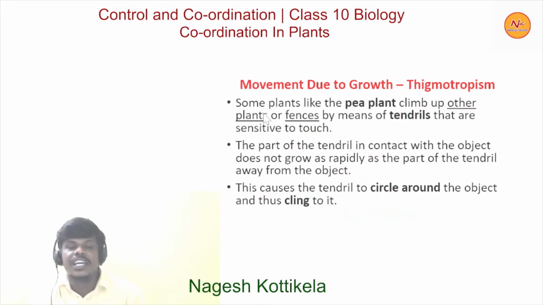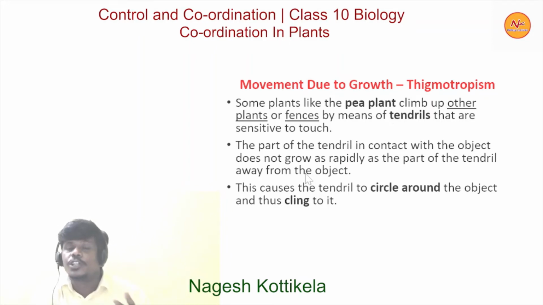In this example, some plants like the pea plant climb up other plants or fences by means of tendrils that are sensitive to touch. The part of the tendril in contact with the object does not grow as rapidly as the part of the tendril away from the object. Because of this, there is unilateral growth, meaning more growth on one side.